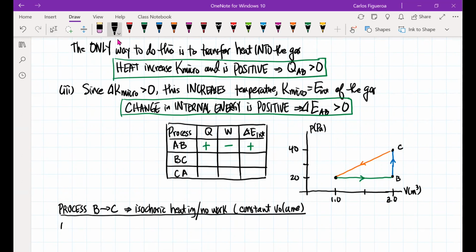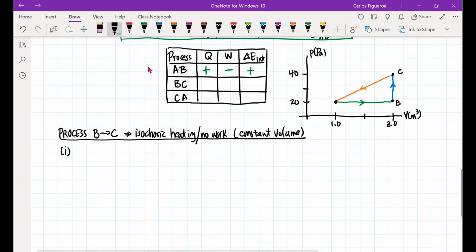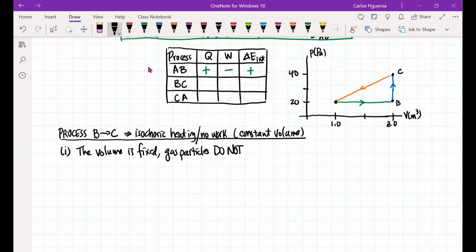So the first thing that I'll look at is the fact that the volume is fixed. So that means gas particles do not lose kinetic energy when colliding with the piston head.